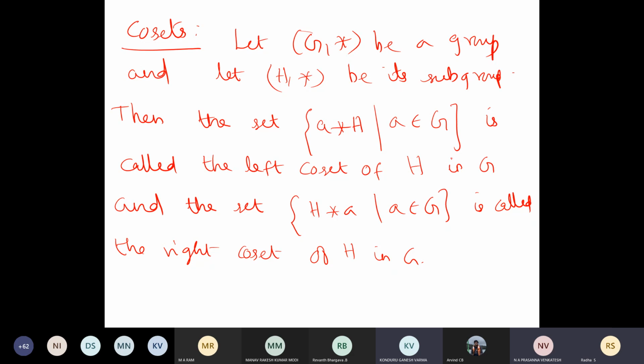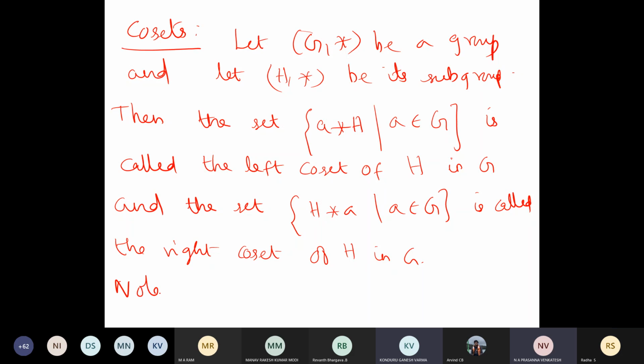If I apply it on the left, I'll get different sets, called left cosets. If I apply it on the right, I'll get different sets, called right cosets. Usually these left cosets and right cosets partition the group. What do you mean by partitioning something? Don't worry, I'll explain.